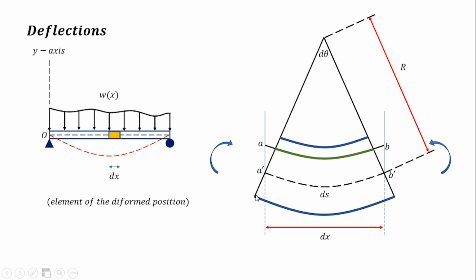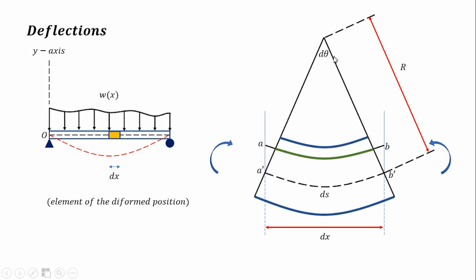So as you can see, in this curvature, meron tayong tinatawag na R, this is the radius of the curvature, na nag-start from the neutral axis to this point, or yung consider natin na center of this arc. So yung arc natin, this is the differential s. Gagamitin natin yan to solve the differential equation of the deflection of the beam.